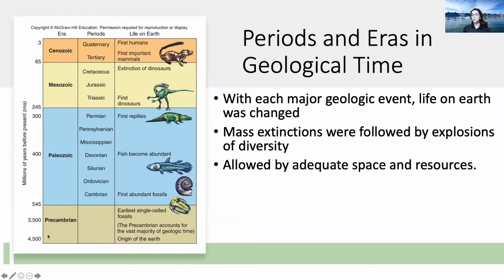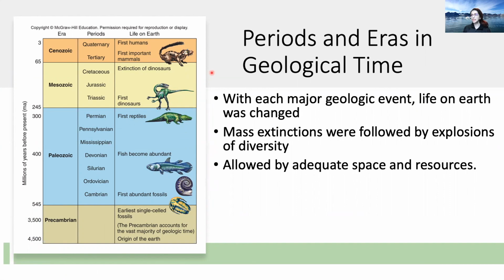Okay, so this brings up the idea of geological time, and we've touched on this in the past as well. The different eras and eons and periods on our planet are mostly divvied up by mass extinctions or different fossil assemblages.